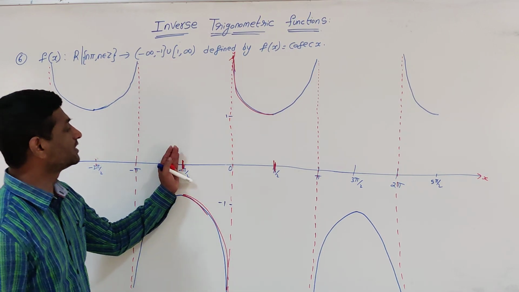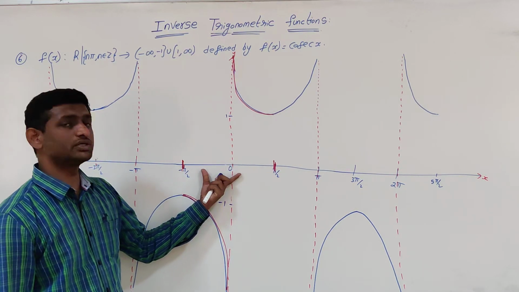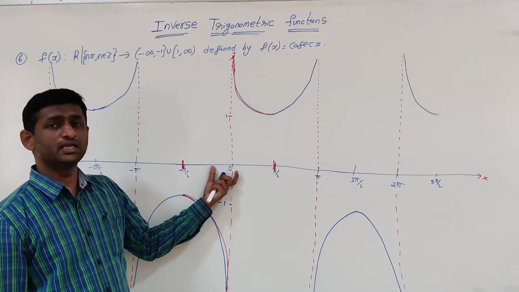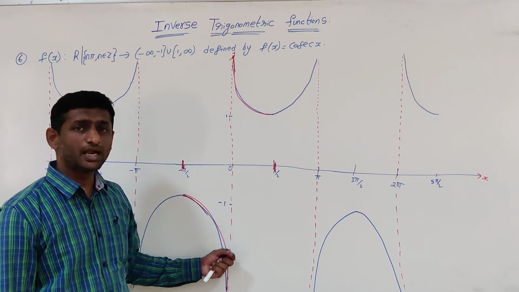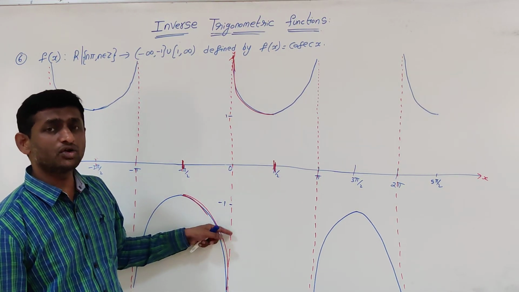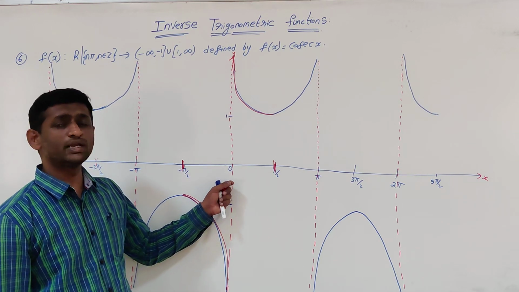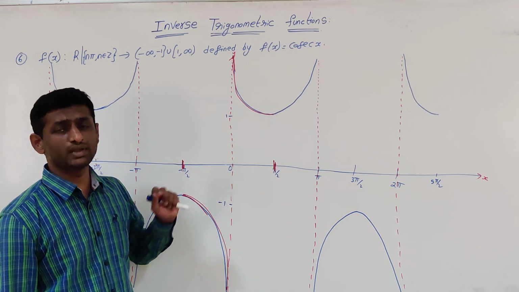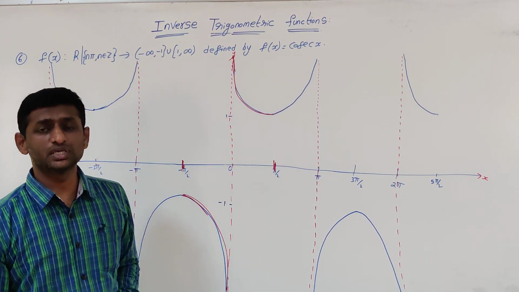So this is our restricted domain, so that in this function, distinct angles will have distinct outputs, and every element of the codomain will have at least one pre-image in the domain. So in this restricted domain, the cosecant becomes a bijection.